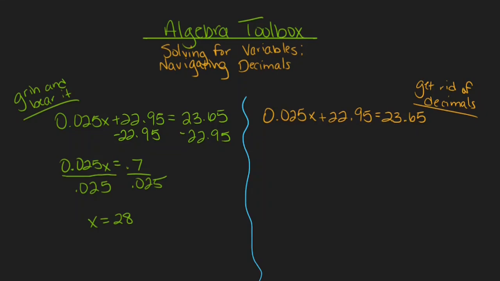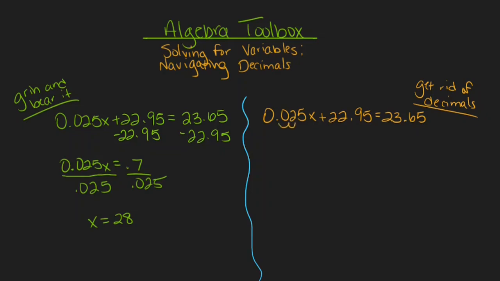The way that we can do this is moving decimal points in all of our terms, and we want to be most concerned with decimals as they relate to the variable term. So in this case, my variable term has three numbers after the decimal point, the 0, the 2, and the 5. If I want to move that decimal point out of the way, I have to make 3 jumps to get behind all those numbers.